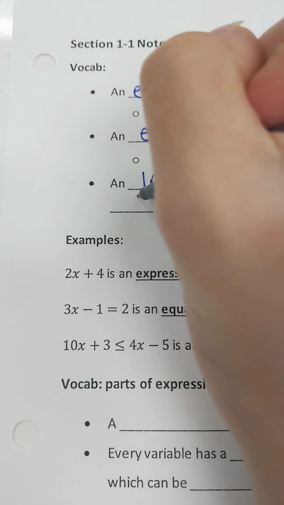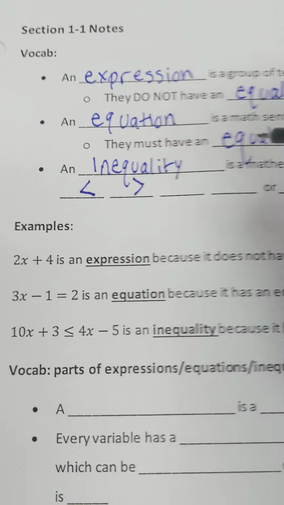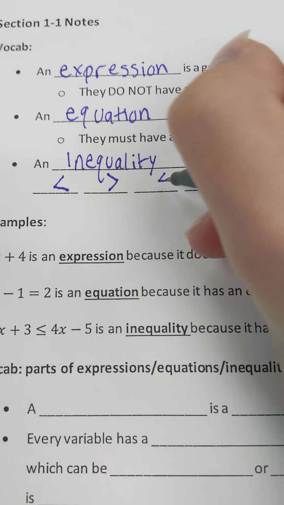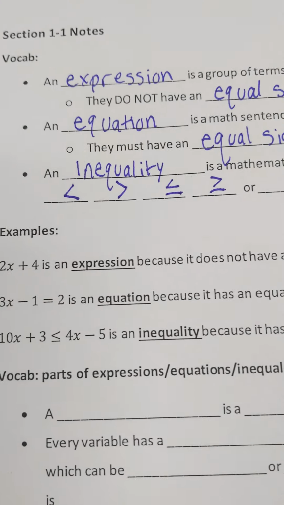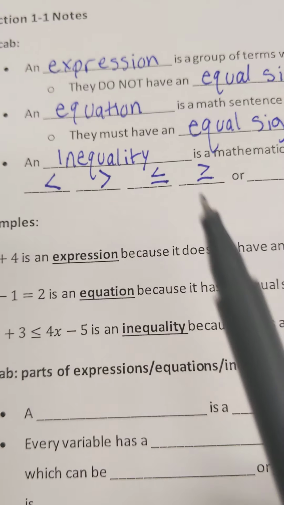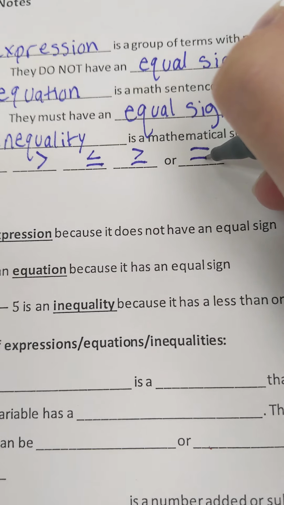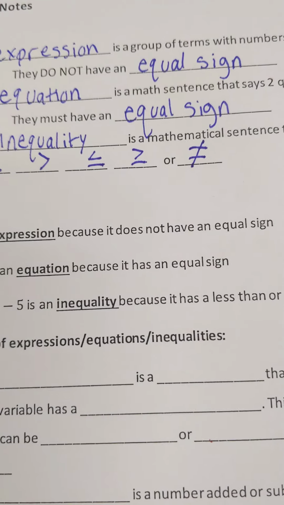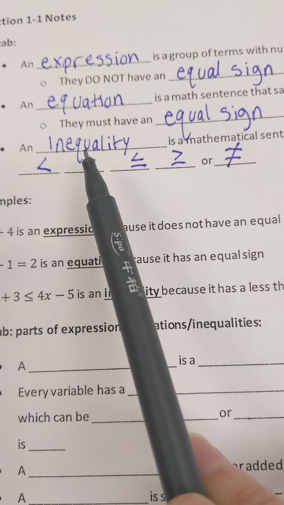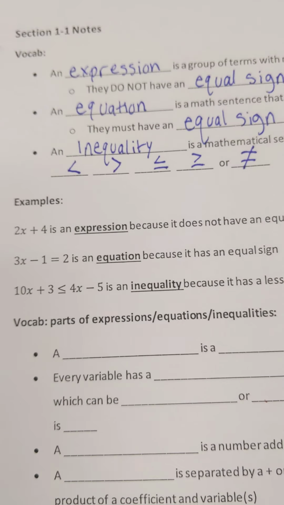It will have either the less than sign, the greater than sign, the less than or equal to, the greater than or equal to. Those are the four most common that you're going to see. Or it could also have an equal sign with a line through it. This is the not equal to symbol. So an inequality has to have one of those 5 symbols.